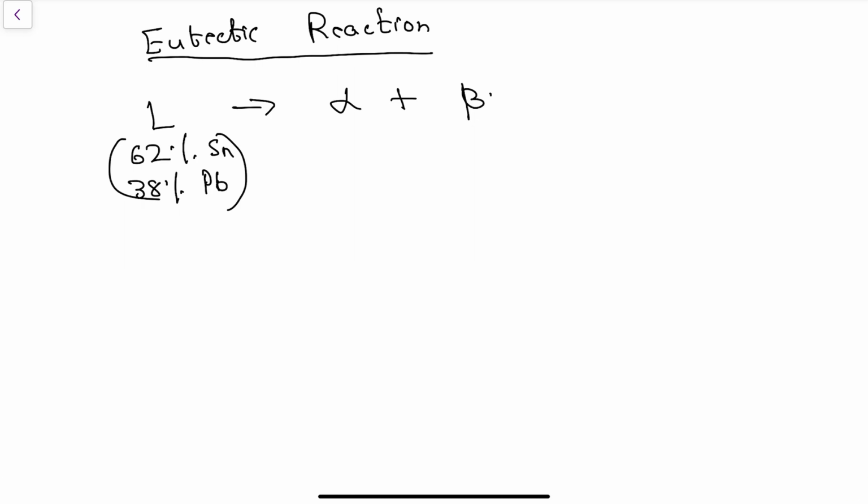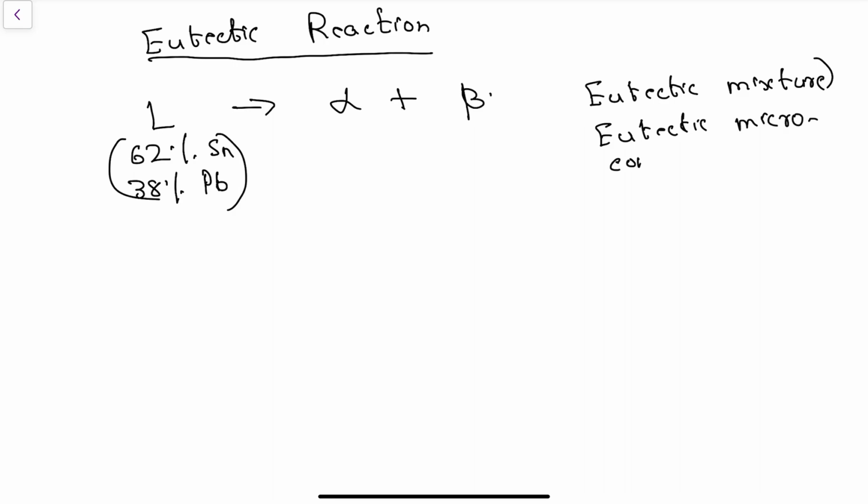So this is called a eutectic mixture, or you can call it a eutectic microconstituent.